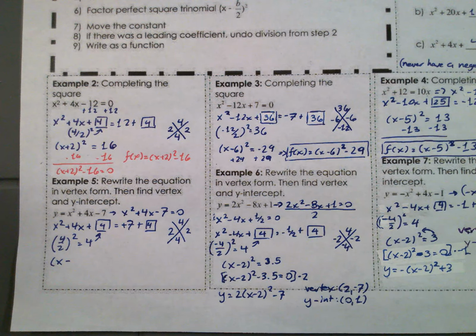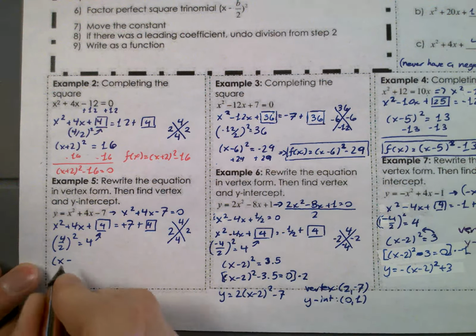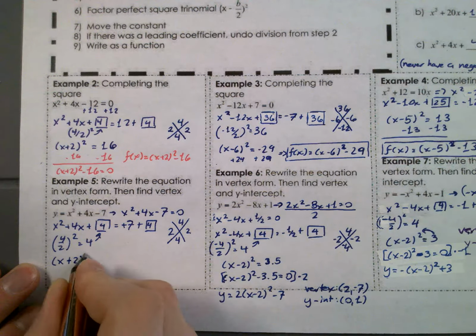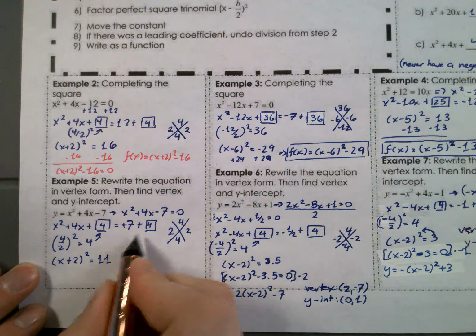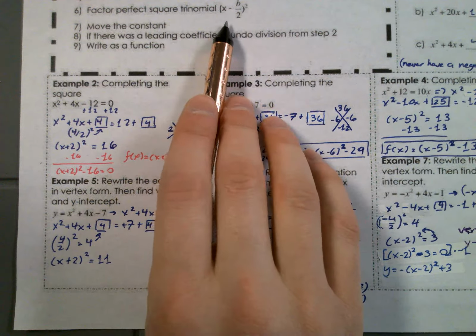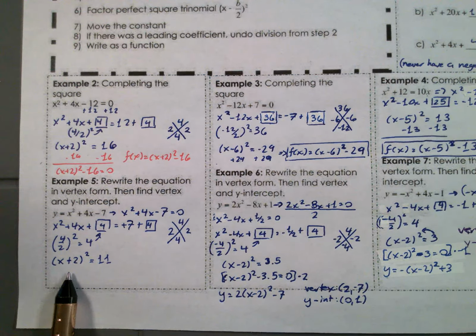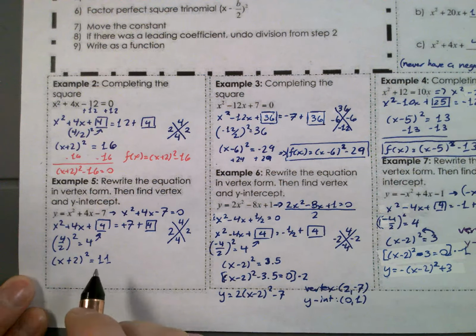So we then would have (x + 2)^2 = 11. Simplify the side, that becomes 11, 7 plus 4. Obviously, the perfect square trinomial will be x minus b over 2, but in this case, it needs to be positive. Okay, so it'd basically be divided by 2. We're good to go.